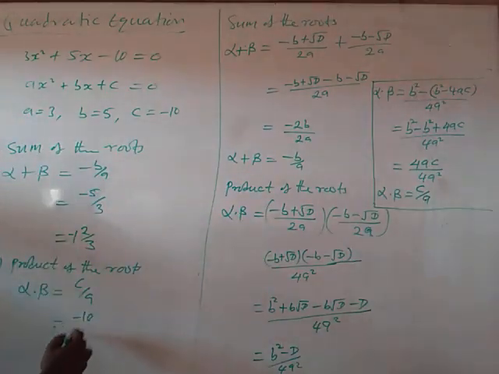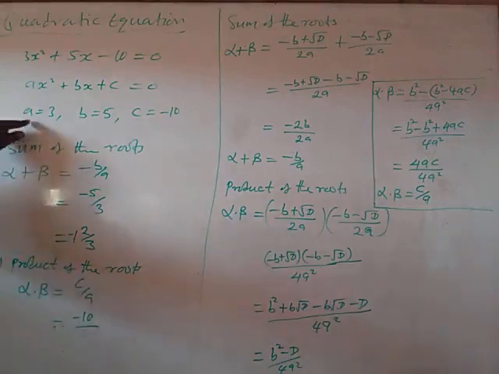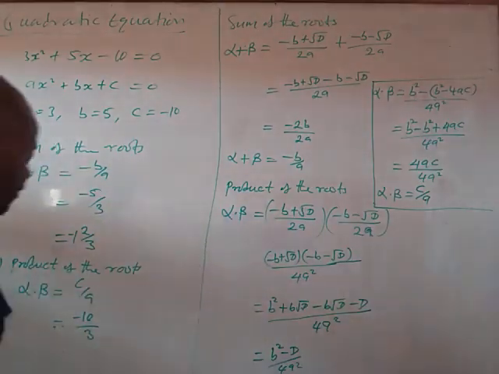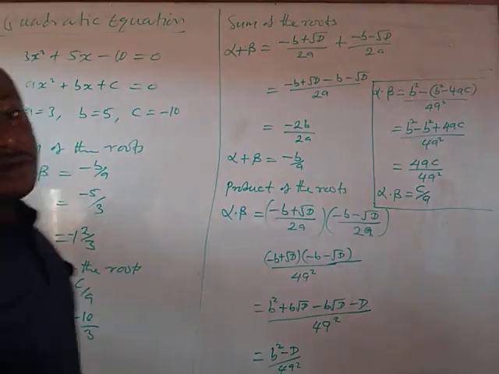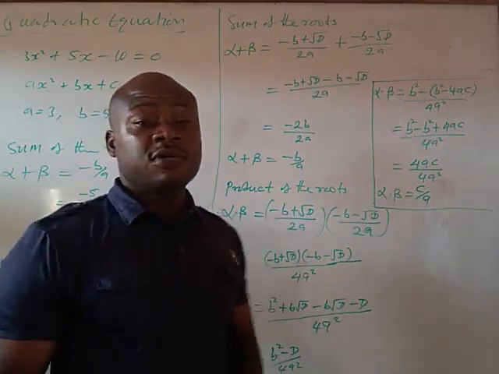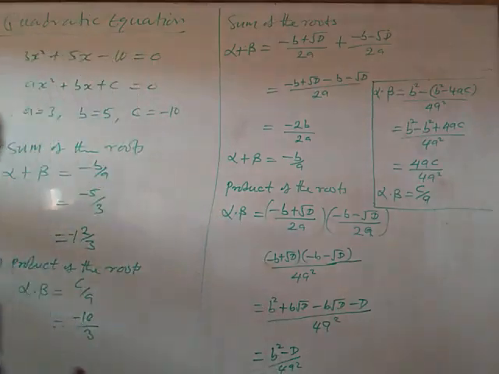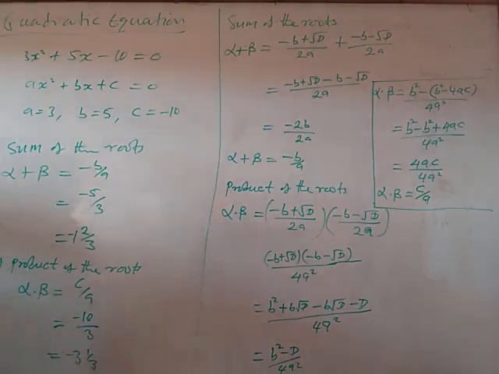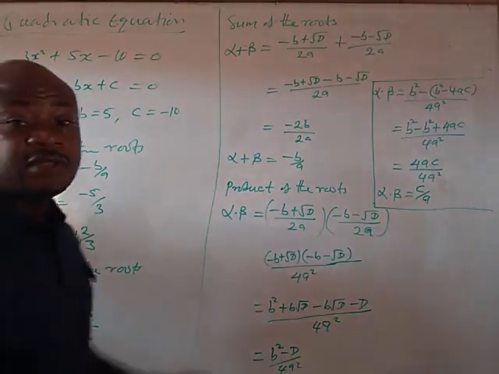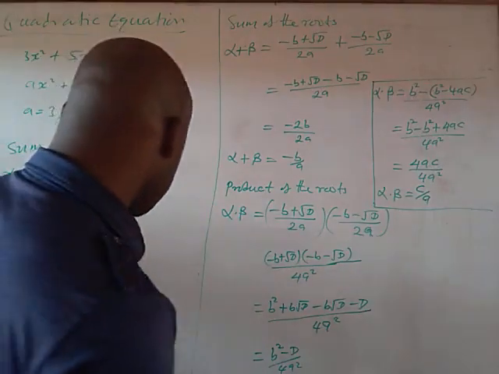Minus 10 over, then our a is equal to 3. Therefore, we have minus 10 over 3. You can also write this one as a proper fraction, and we break it as minus 3, then 1 over 3. At least 3 goes in 10, 3 times, so remainder 1, and it's 1 over 3.